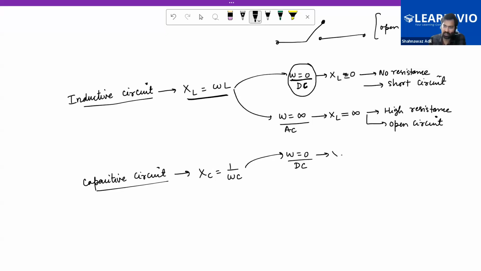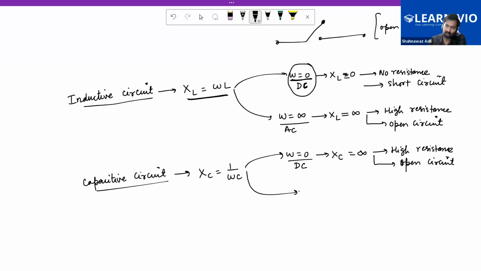So Xc would be what? This one, so then you have very high resistance, and then this is the open circuit.